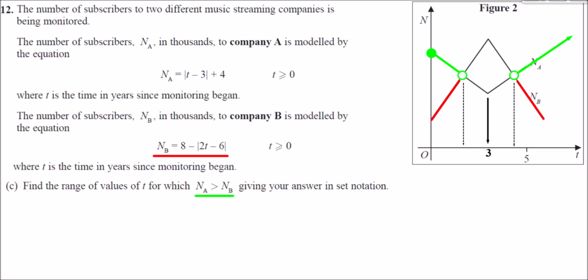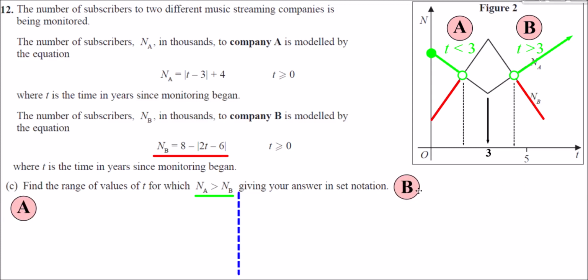I'm going to call this part A, and quite clearly, looking at the graph, this is when t is less than 3. Region B, rather unimaginatively, is of course when t is greater than 3. So we can solve for these two critical points separately, then combine to give our answer in set notation as required. So part A and part B.